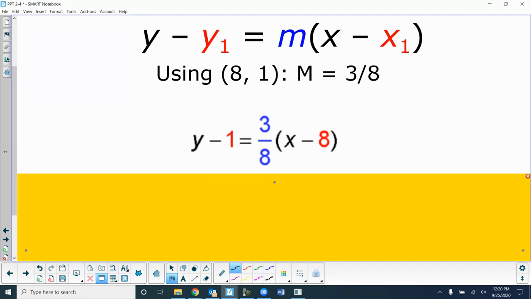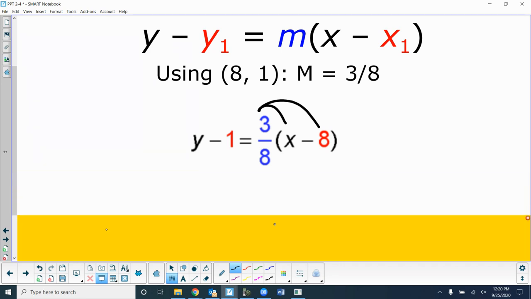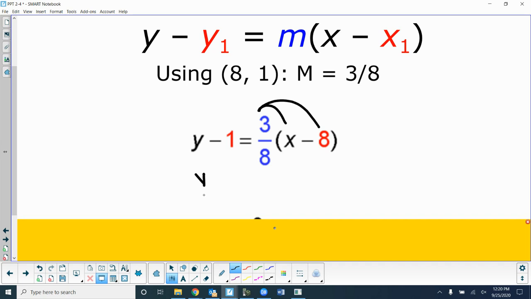Well, no, I wouldn't do that first. He said add one. Distribute, yes. Do the distribute first. Distribution. All right? So this would be y minus 1 equals 3/8 x. A positive times negative is negative. What happens to these 8's? They cancel, right?